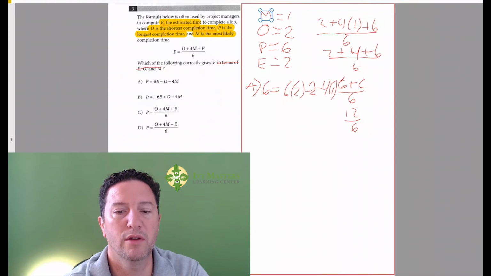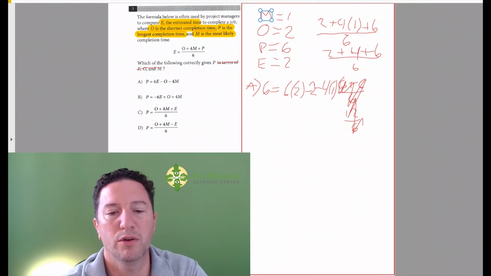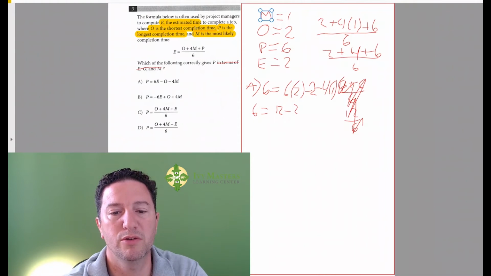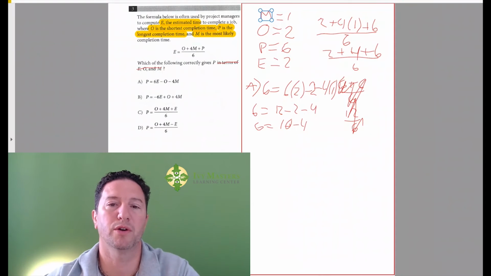I'm going to cross this out so we don't get that confused. So 6 equals 6 times 2 is 12 minus 2 minus 4. 6 equals 12 minus 2 is going to give you 10 minus 4. And 6 does equal 10 minus 4.